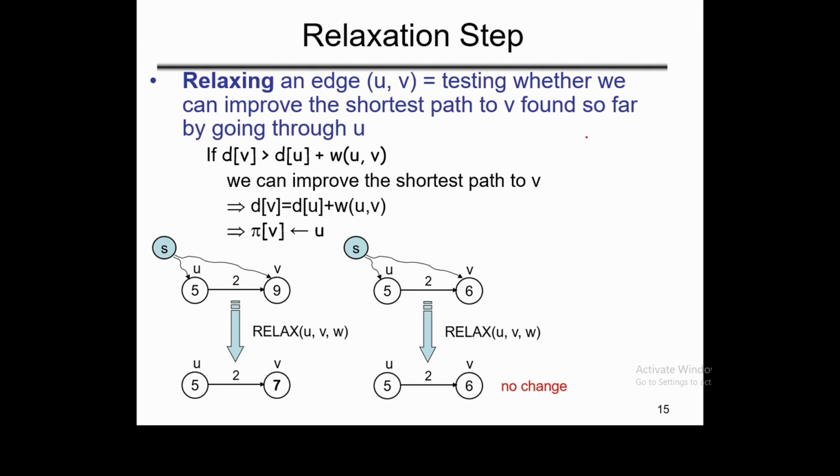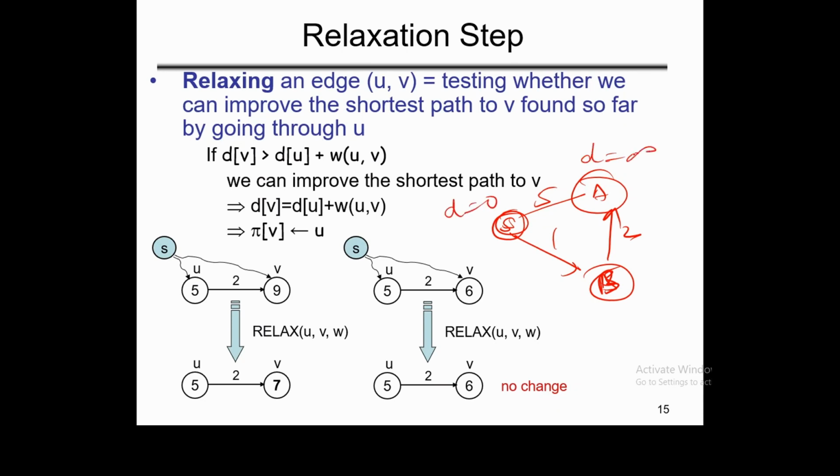Suppose we have a scenario: it is the source s, it is a, and it is b. Suppose the weights are 5, 1 and 2. When we relax s, we can modify the distance values. The distance of s is 0, the distance of a is infinity, and the distance of b is also infinity.